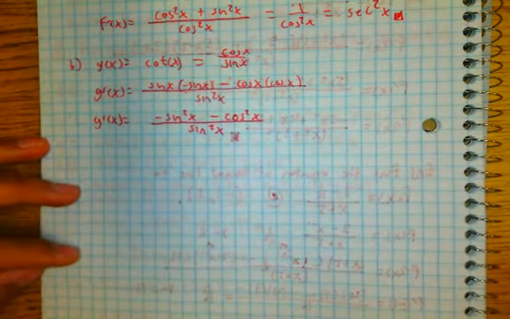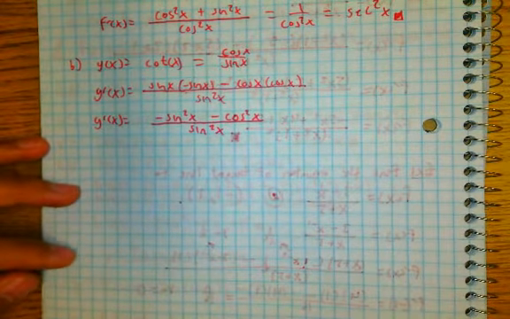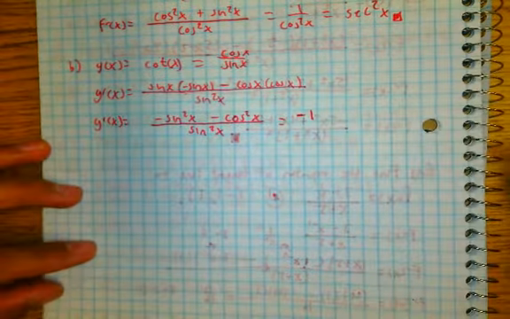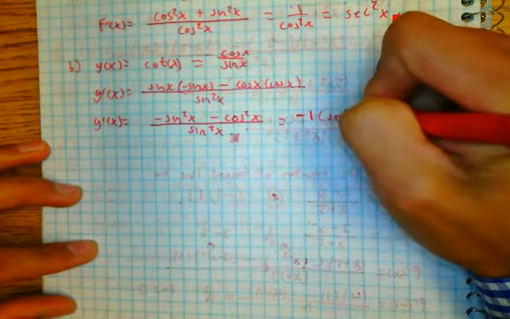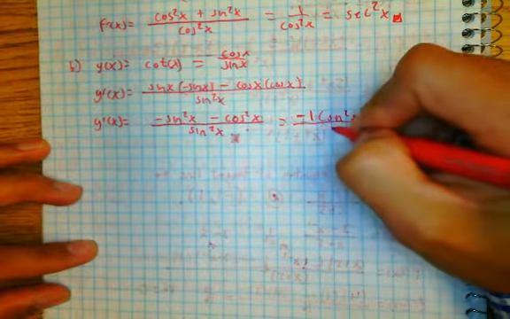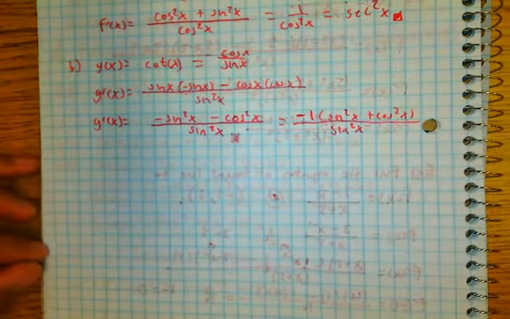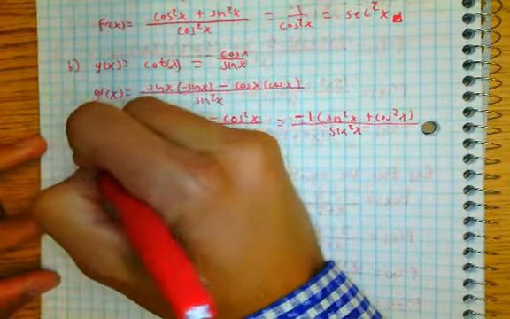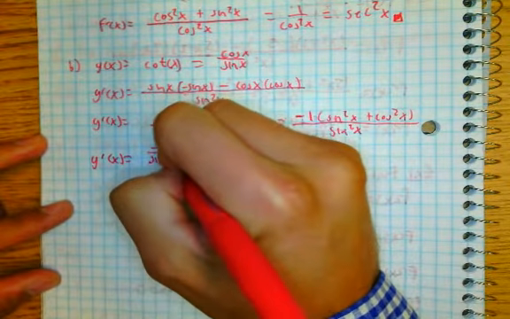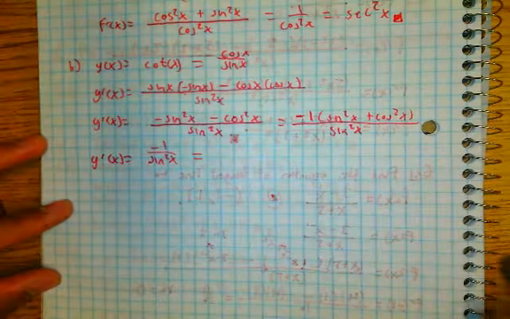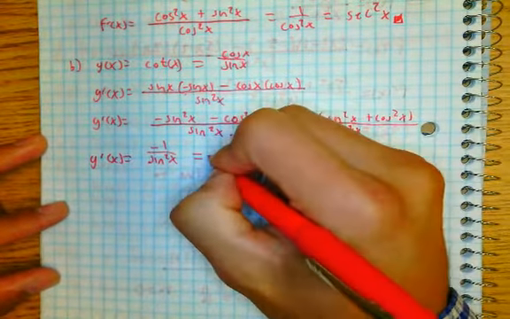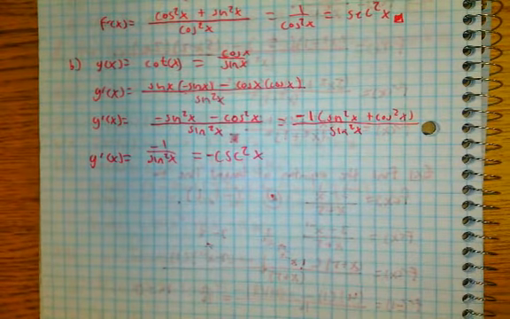And then at that point, I hope you recognize that now g prime of x is equal to negative 1 over sine square of x, which is equal to negative cosecant square of x. So now we know the derivative of tangent is secant square of x. The derivative of cotangent is negative cosecant square of x. Okay?